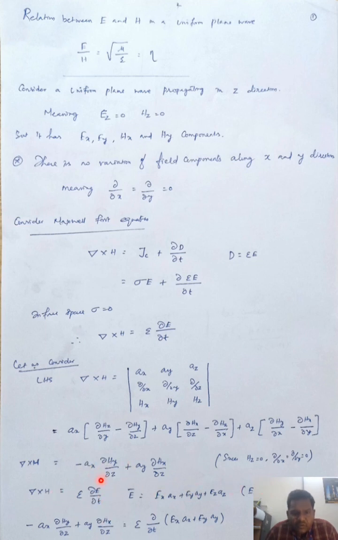So minus Ax dou Hy by dou z plus Ay dou Hx by dou z is equal to this value, which is replaced here: epsilon dou E by dou t. This E value is replaced as Ex Ax plus Ey Ay. We know that Ez is equal to 0 as per the preset conditions from the planar wave background.